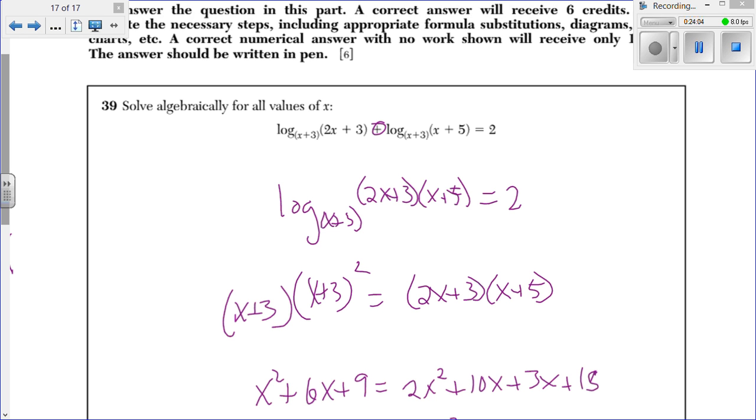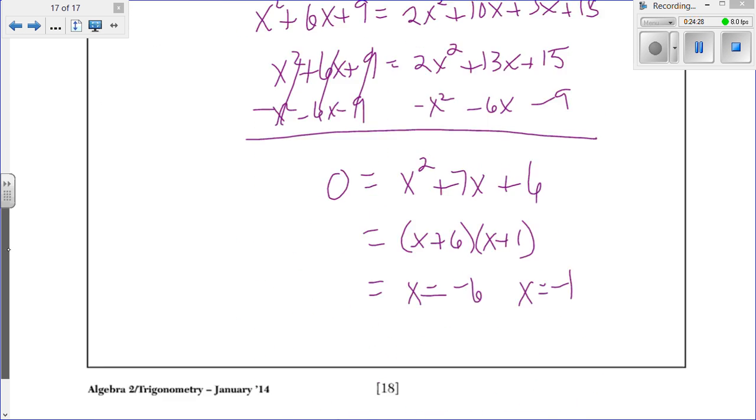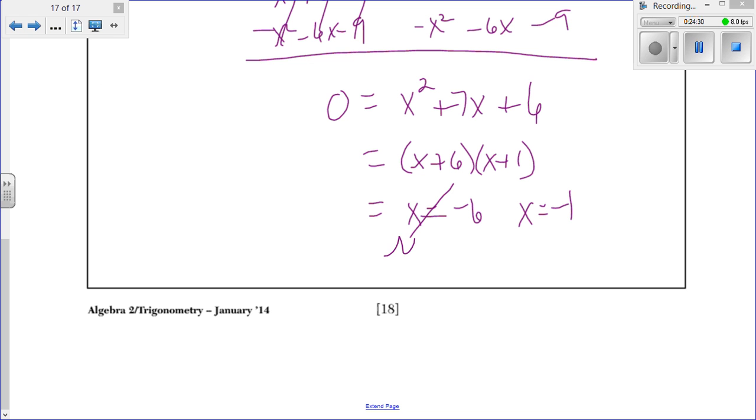If I put in -1, I would still have a positive base of 2, and I would get 1 times 4, and it would work. Everything would work out. I wouldn't get any negatives anywhere, so I'm going to reject this one, and I'm going to keep that one. All right, that's it for parts 2, 3, and 4.